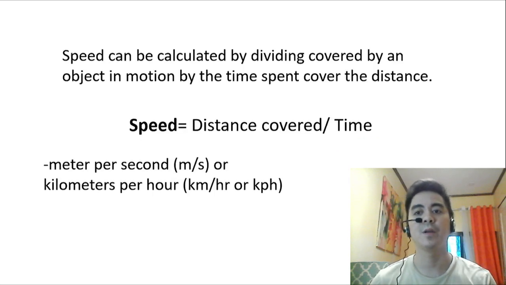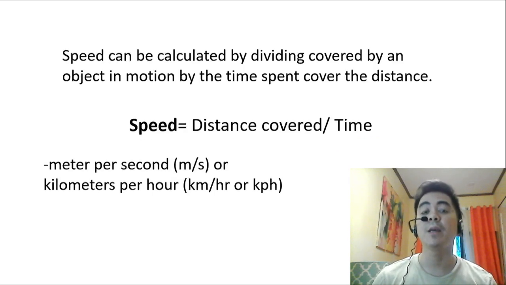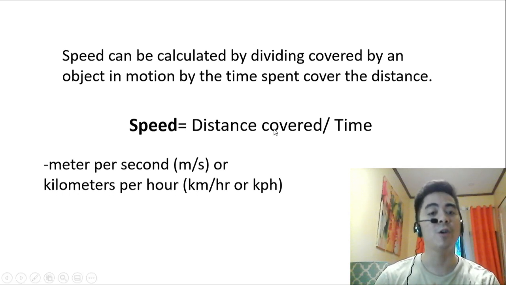Speed is calculated by dividing the distance covered by an object in motion by the time spent to cover the distance. Speed is distance divided by time. It can be expressed in meters per second or kilometers per hour. Distance can be in meters or kilometers, and time in seconds or hours.